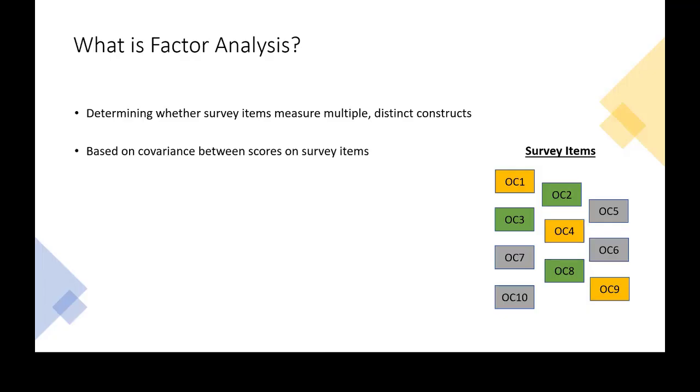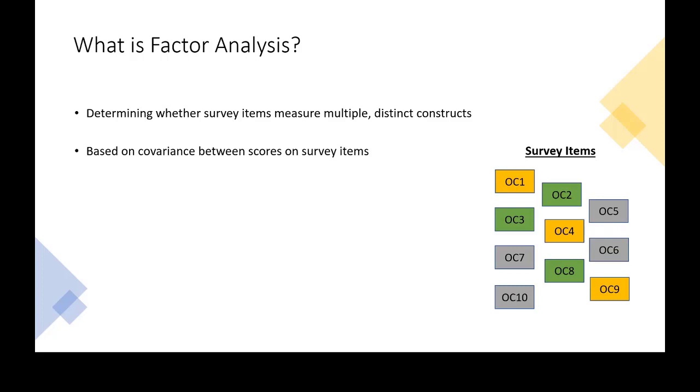So first, high level, what is factor analysis? You're basically determining whether your survey items are measuring multiple distinct constructs. And statistically, what's going on under the surface, we're not going to go into calculations and computations. I'm not going to drown you in equations here.